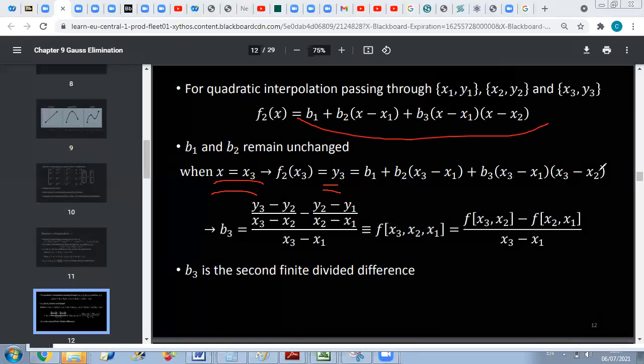Now I just should rearrange my terms and replace b1, b2 by their expressions. We have seen together that b1 is y1 and b2 is y2 minus y1 over x2 minus x1.